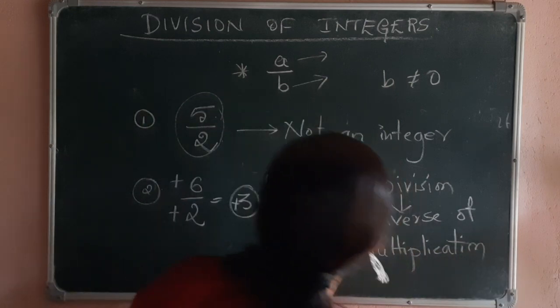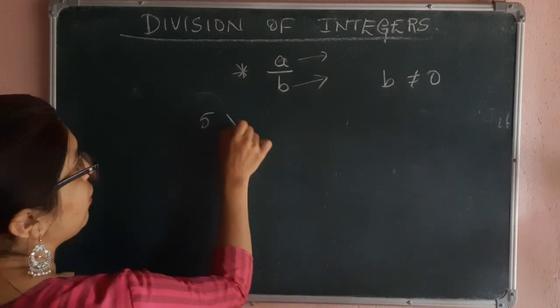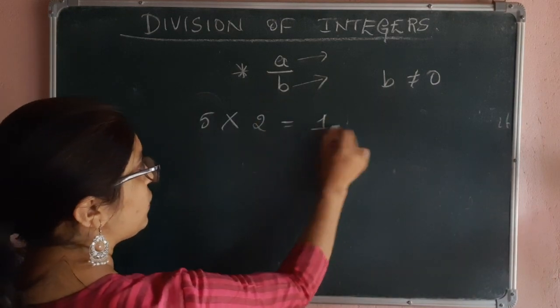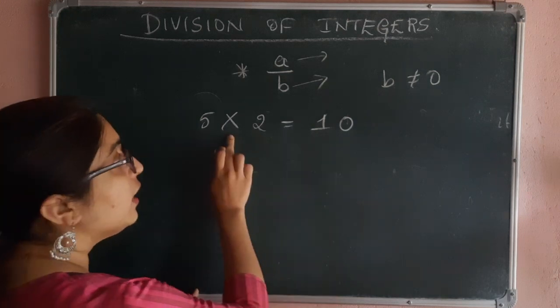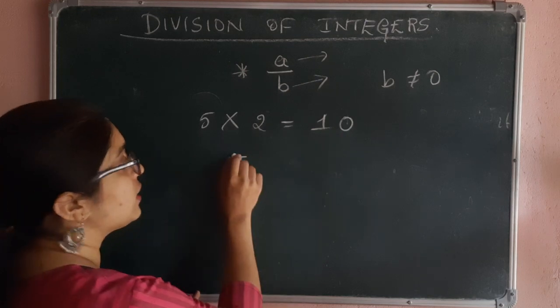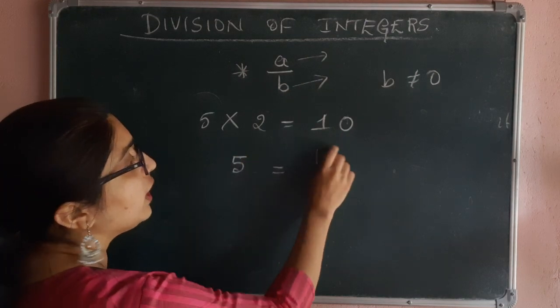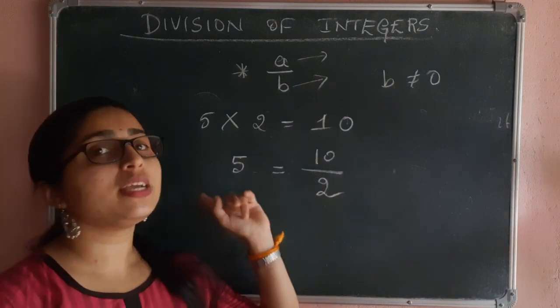For example, I can consider 5 into 2 is equal to 10, right? If I bring this 2 to the right hand side, instead of multiplication it becomes division. So 5 is equal to 10 divided by 2. And yes, 10 divided by 2 is 5.